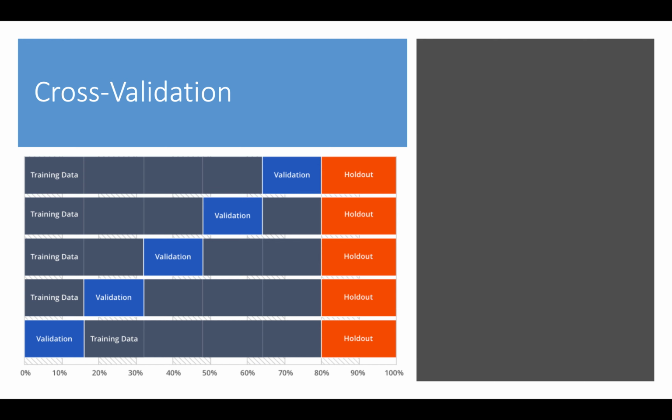Then you average the five metric values to get a final value, and you can use grid search with cross-validation to find the best values of hyperparameters for your model. Once you have found these values, you use the entire training set to build a model with the best hyperparameter values you found via cross-validation. Finally, you assess the model using the test dataset.